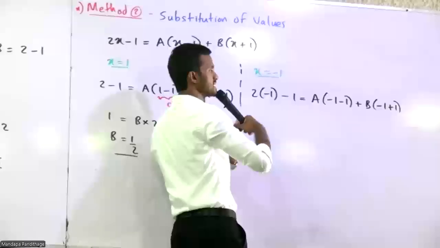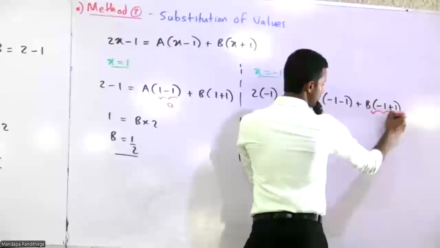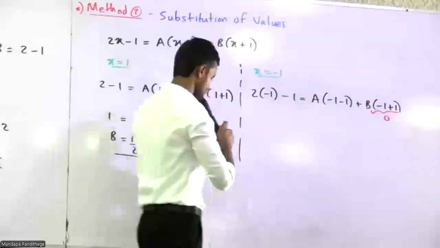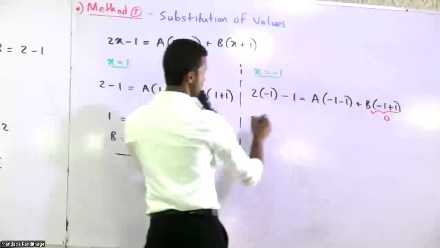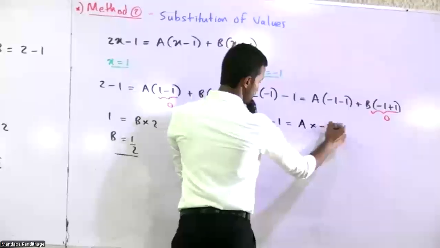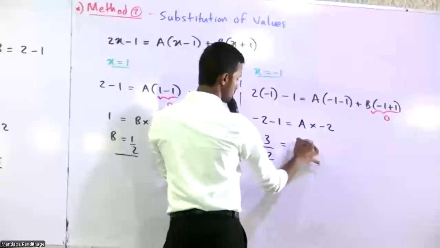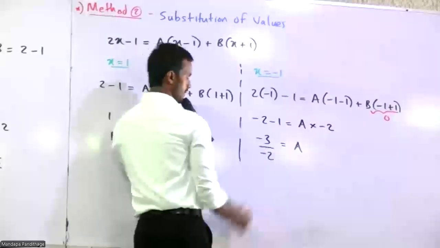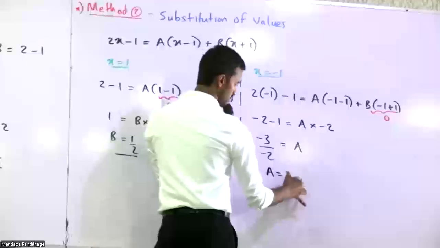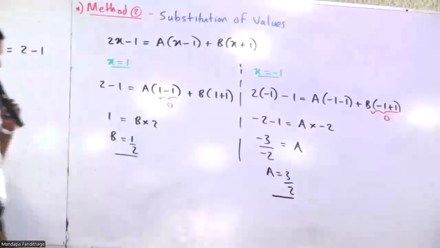When you can see something becomes 0, don't write it. Simply ignore it, it's 0, no? Okay, so here what we have: minus 2 minus 1 is equal to a into minus 2, which gives me minus 3 divided by minus 2 is equal to a, and then a is equal to 3 over 2. So even from using this method, you can get the answers a and b.